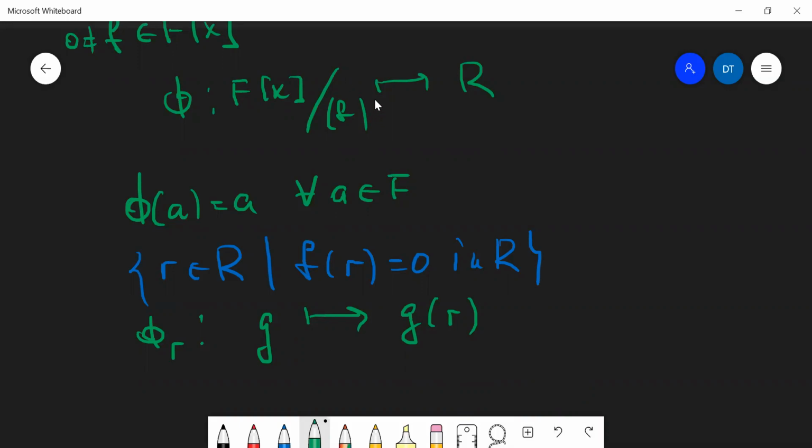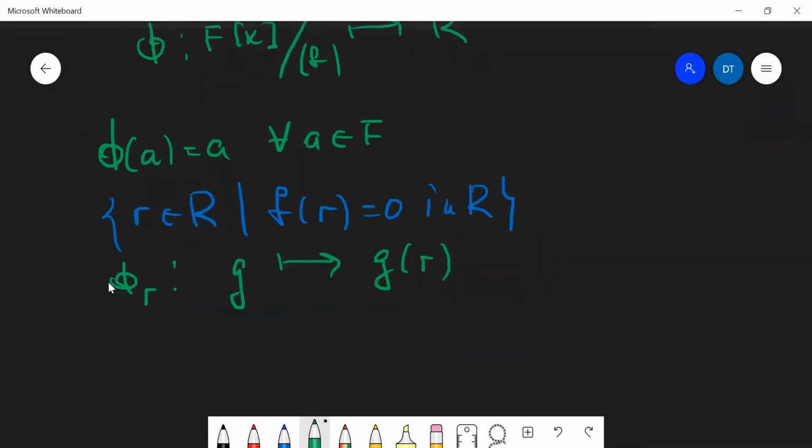Logically, is it an implication or an equivalence? It's an equivalence. So each homomorphism is of this form, uniquely.